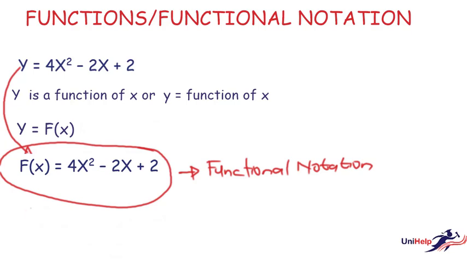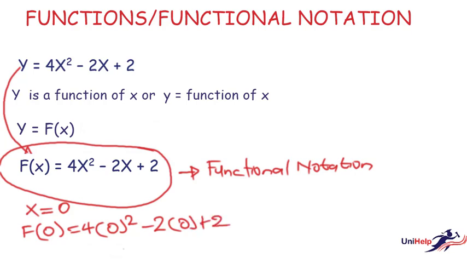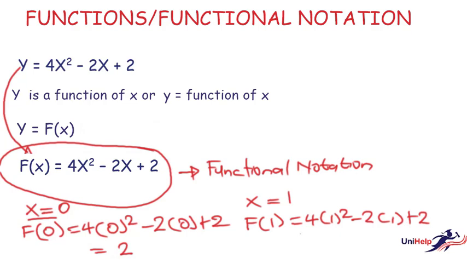And if x is equal to 0, the functional notation is f of 0 is equal to 4 into 0 squared minus 2 into 0 plus 2, which is equal to 2. And if x is equal to 1, the functional notation is rewritten as f of 1 is equal to 4 into 1 squared minus 2 into 1 plus 2, which is equal to 4.